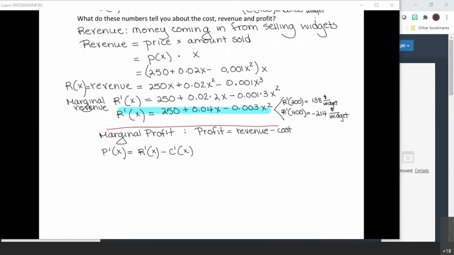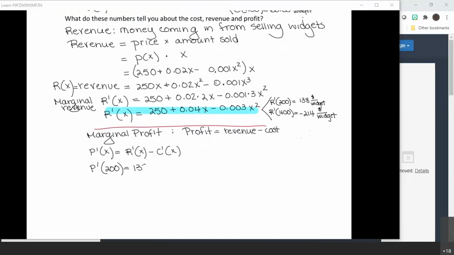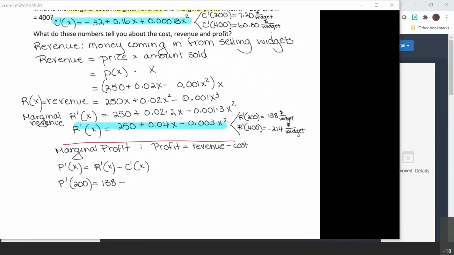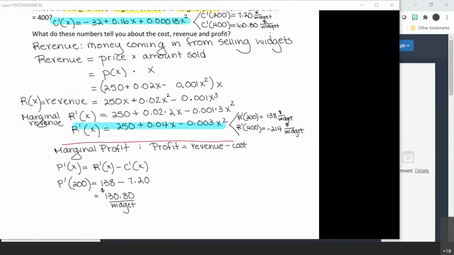So if I want to find out what my profit level is at 200, I'm going to put in the revenue value for 200, which is 138, minus the cost. So I get an increase in profit of about $130.80 per widget at that production level.